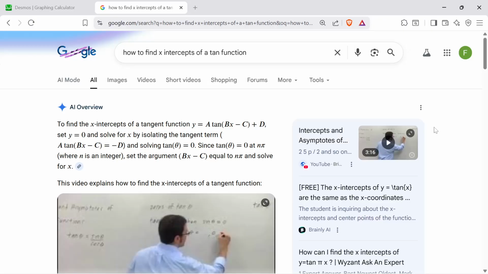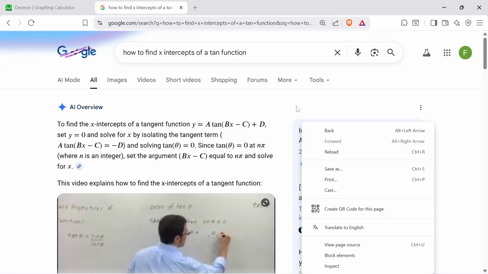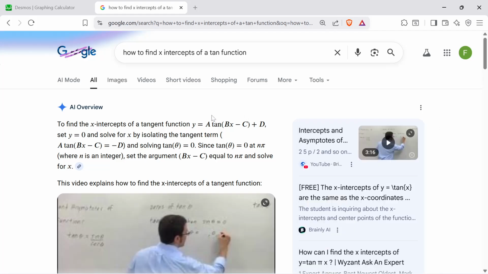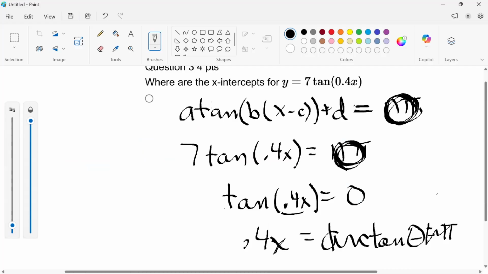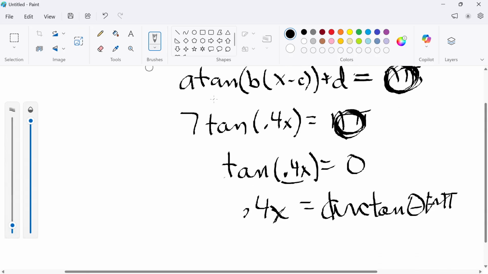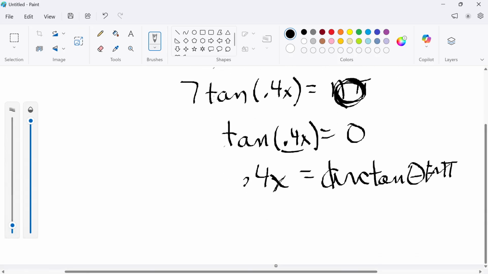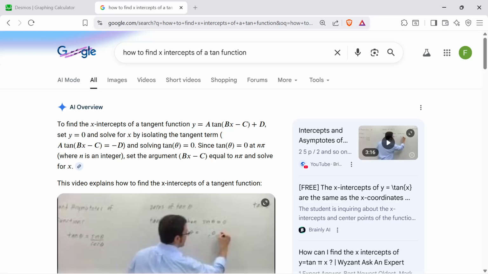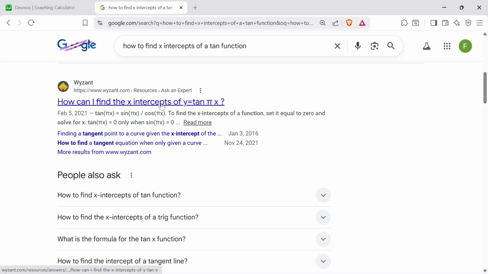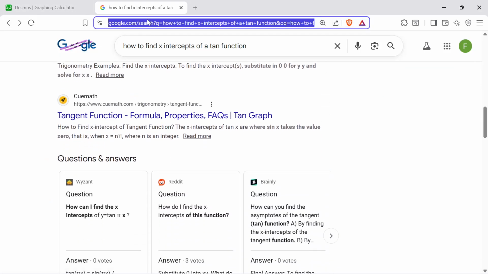It says to find the x-intercepts, set y equals 0. All right. So 0.4x equals 0, x equals 0. So that didn't work. What am I doing wrong here?